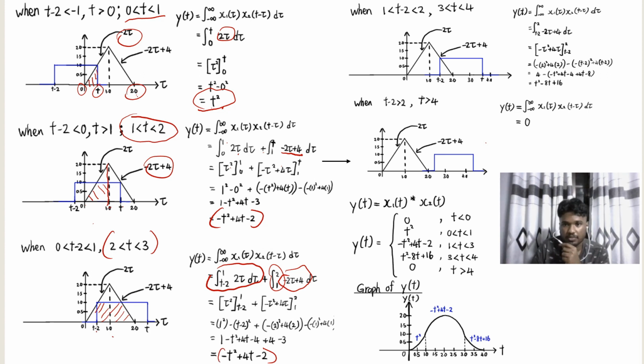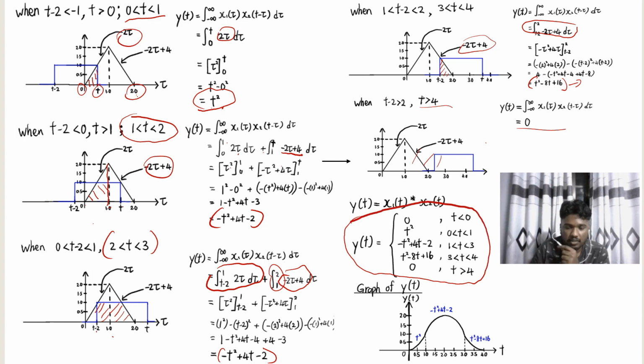Also for t from 3 to 4, there's overlap here. Since the overlap is from t minus 2 to 2 only with this function, we integrate it here. Eventually we obtain this function, and since there's no overlap when t is more than 4, we don't do that. So we obtain this at the last.